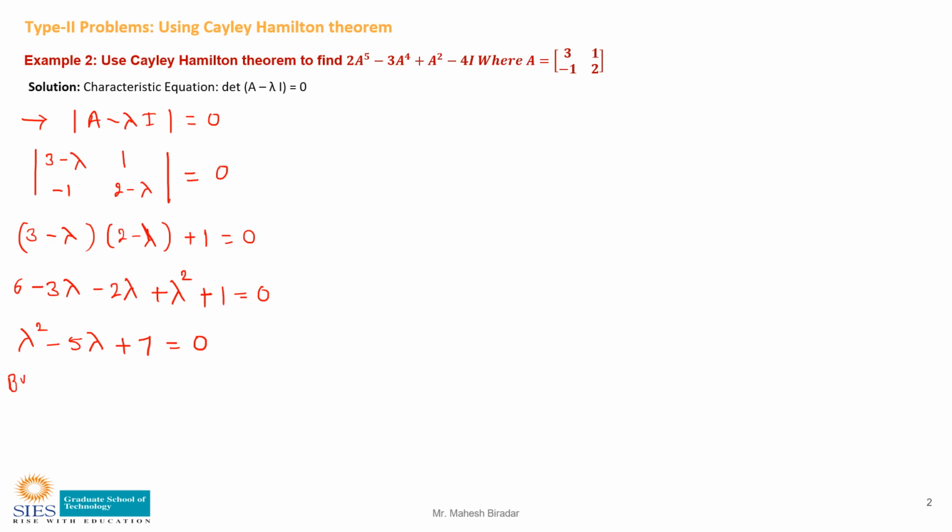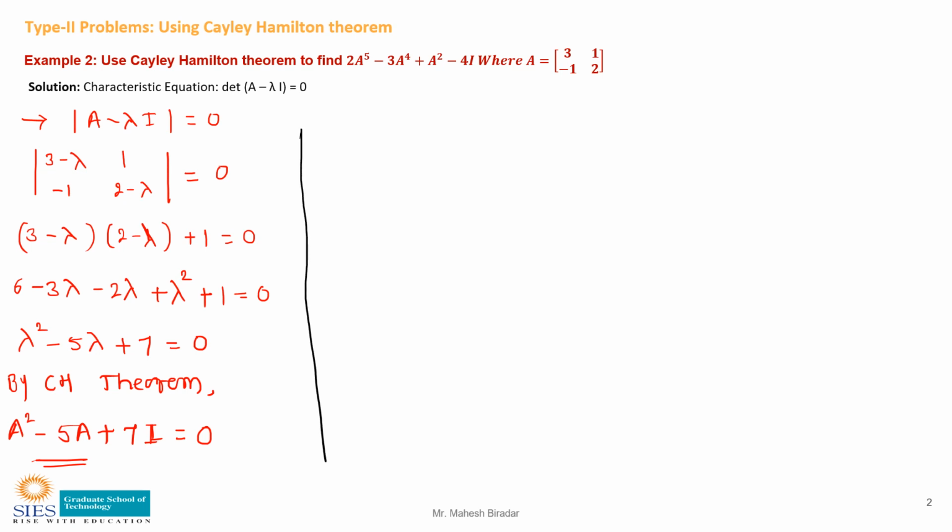So by CH theorem, we write A square minus 5A plus 7I. We have to write I along with the constant. When we are writing a matrix equation, the constant is replaced by that constant into I, is equal to 0. So this we can write using Cayley-Hamilton theorem.